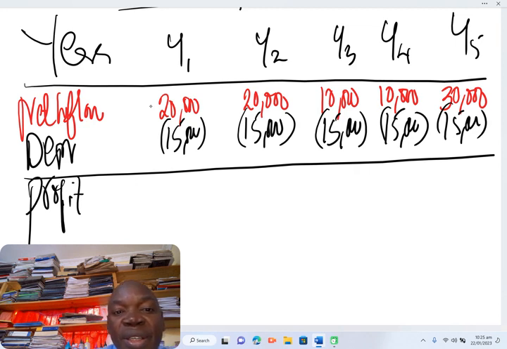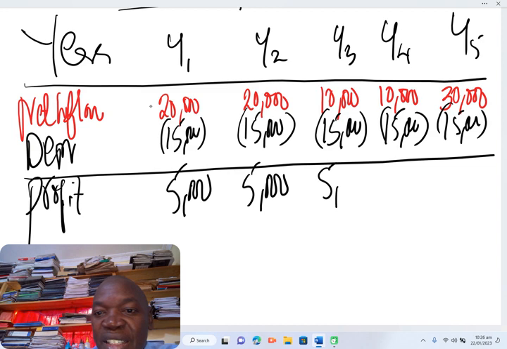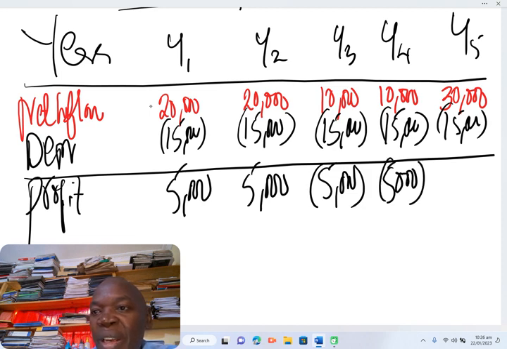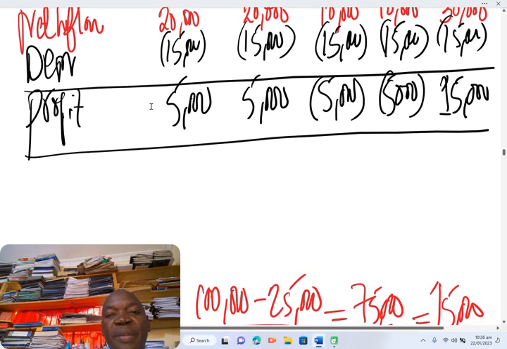So this is 5, this is 5, this is negative 5, this is negative 5, and this is 15, but positive. That is the profit we are looking for.